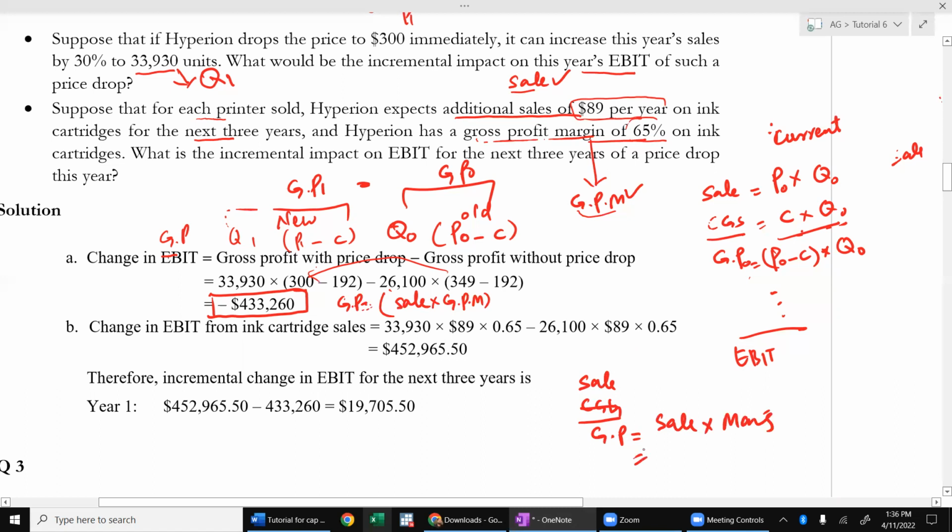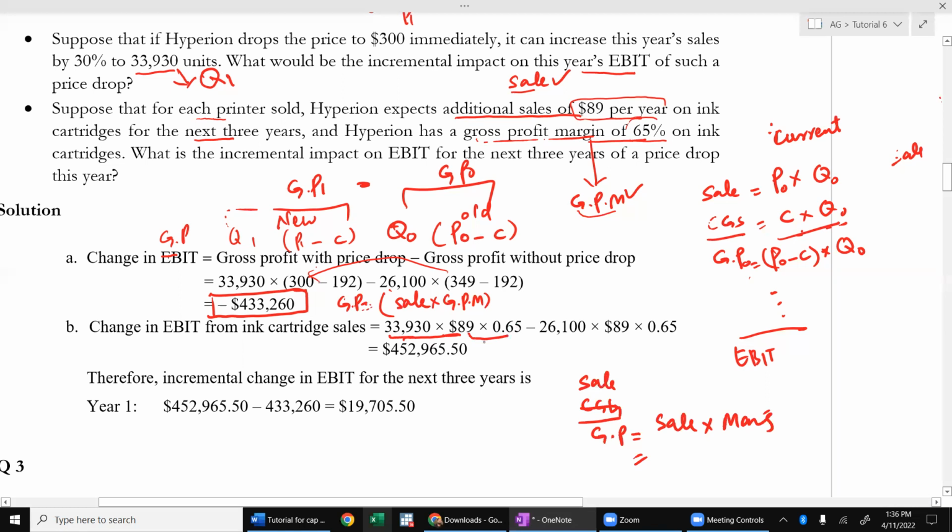So sale means the new sale, 33,930 into 89, and 0.65 is the gross profit margin.